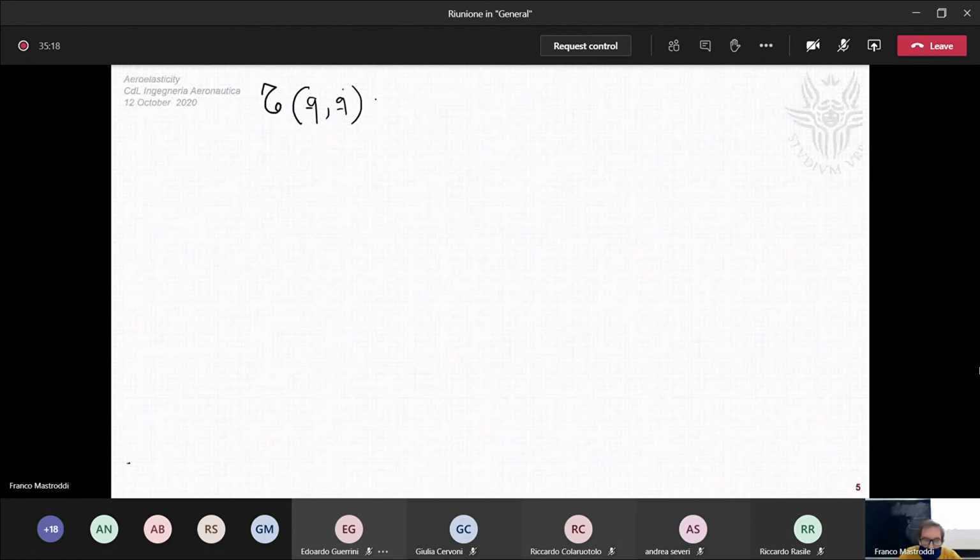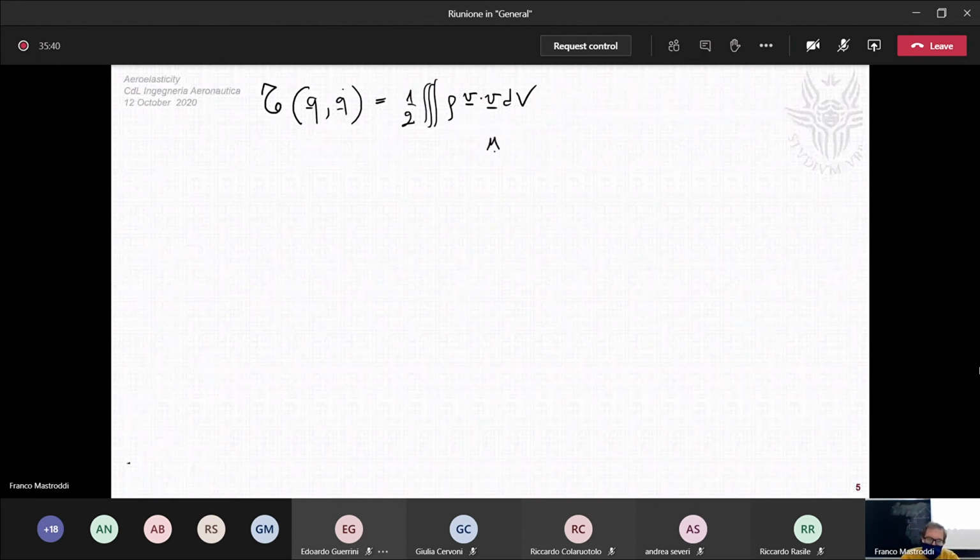The kinetic energy for the body is the old definition of 1/2 the integral on the body domain of rho velocity dot velocity dV, kinetic energy. But what about v?